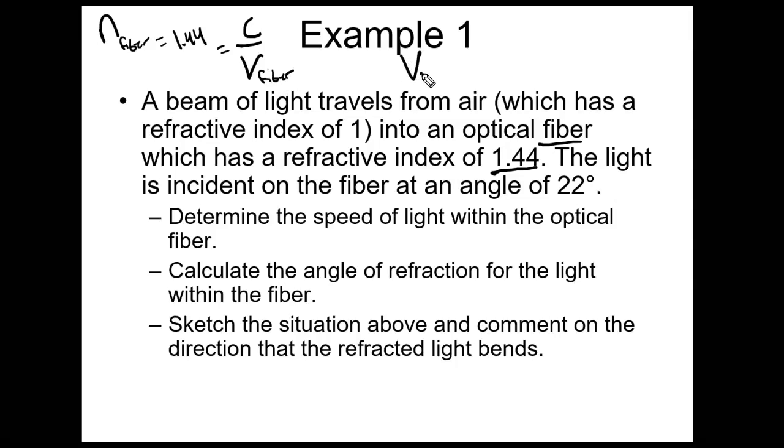So in other words, V fiber is equal to 3 times 10 to the 8 divided by 1.44, and I can put that into my calculator and find out how fast light is moving in my fiber. I get about 2.08 times 10 to the 8 meters per second. So that's my first question there.